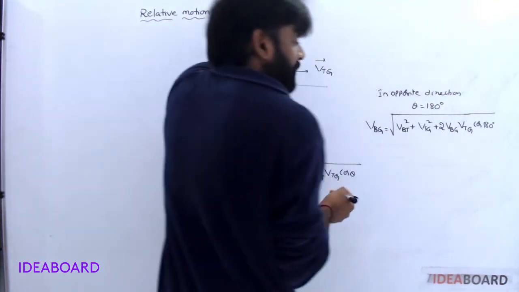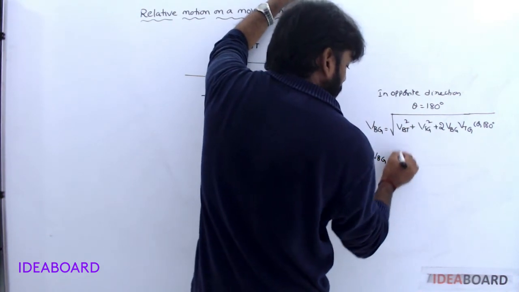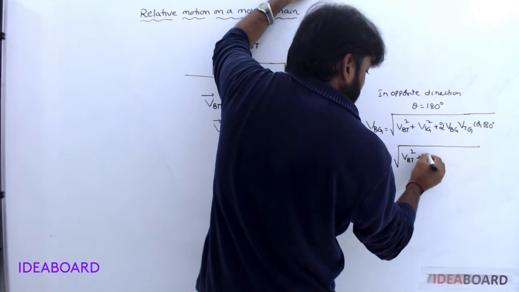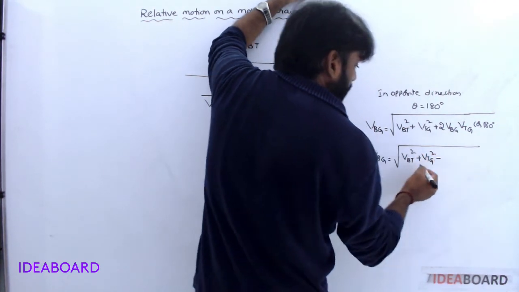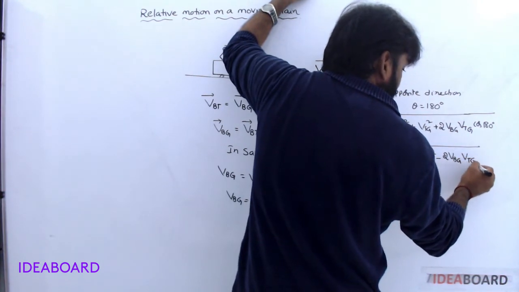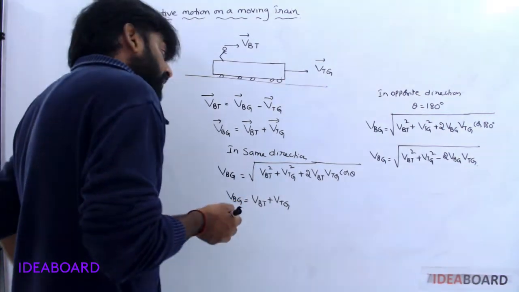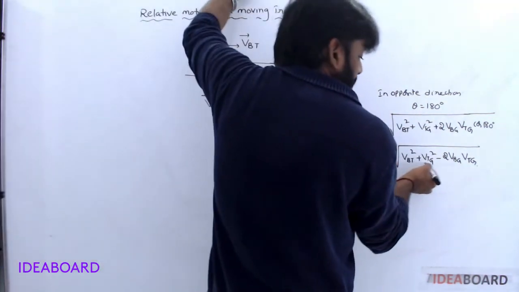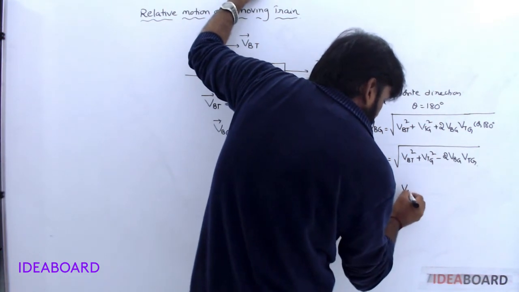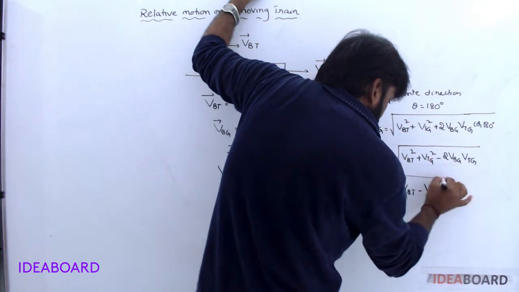Cos 180 is minus 1, minus into plus is minus. So it is boy with respect to train square plus train with respect to ground square minus 2 boy with respect to train into train with respect to ground. Okay, understood? It is in the form of a square plus b square minus 2ab, so boy with respect to ground is equal to boy with respect to train minus train with respect to ground.